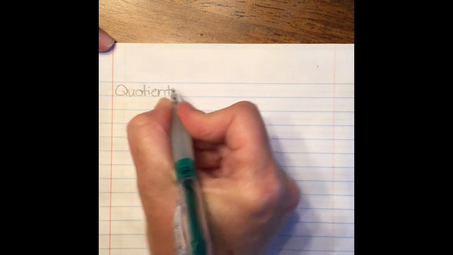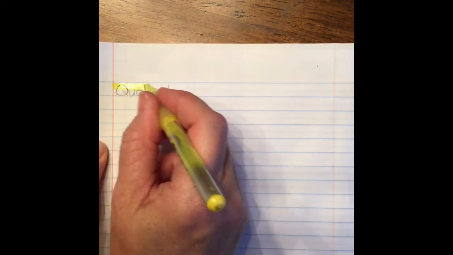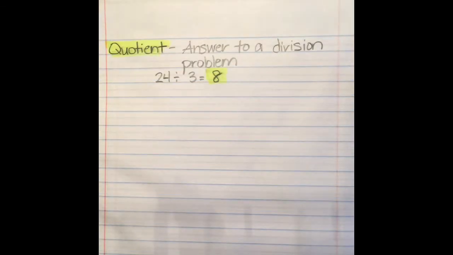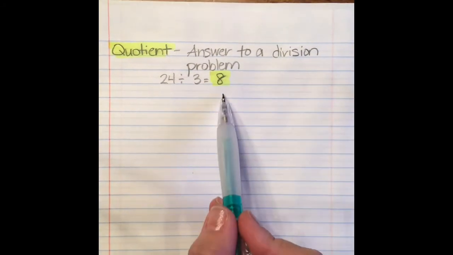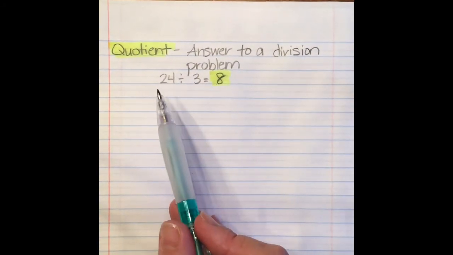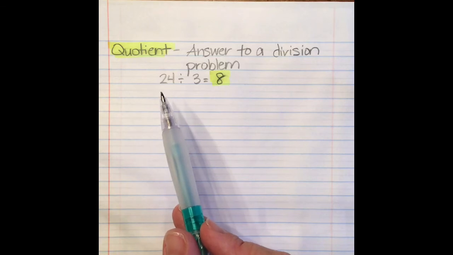So I want you to think to yourself if you know what the word quotient means. All right, if you guessed that it is the answer to a division problem, then you are correct. All right, so if we continue with our problem of 24 divided by 3 equals 8, 8 would be the quotient because that is the answer to the division problem.